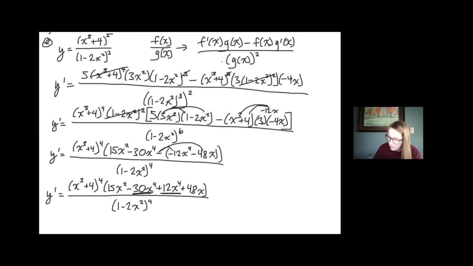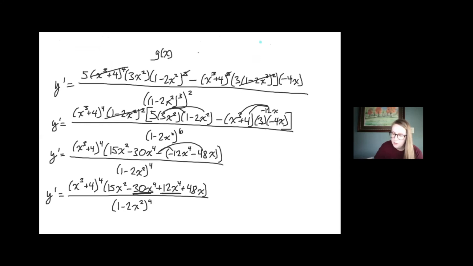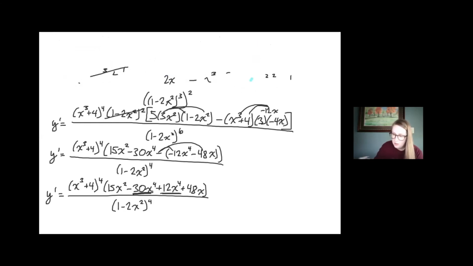So we have y prime equals x cubed plus 4 to the 4th. Actually, I'm going to write this up here. Okay, so I'm going to erase some of this stuff at the top to give me some more room. Okay, we'll go with that for now.